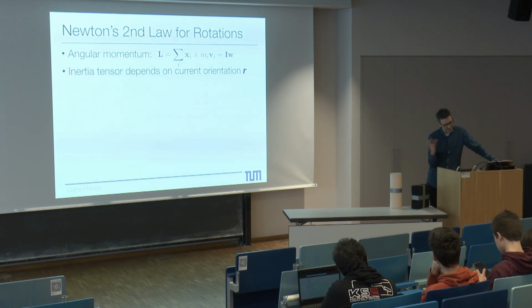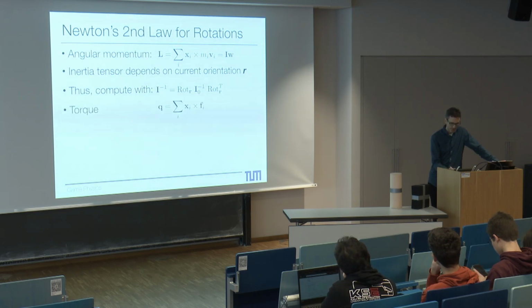Right, so we actually need the current inertia tensor to properly compute this. And then what we can do is compute it with the equation from before. Compute the torque. We have some force that will just map from world space into a rigid body based on the local positions that we get.